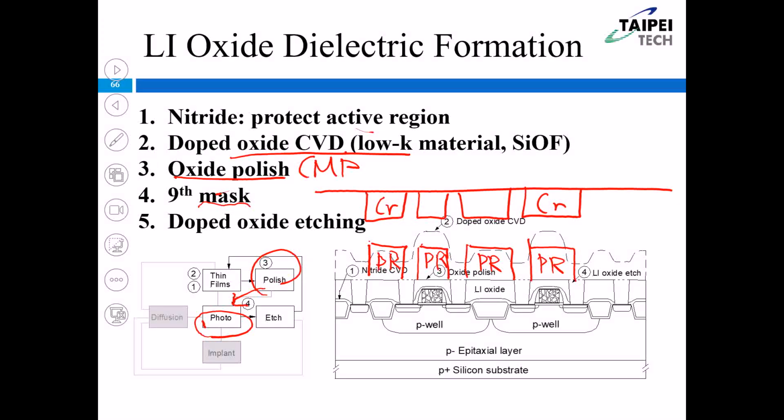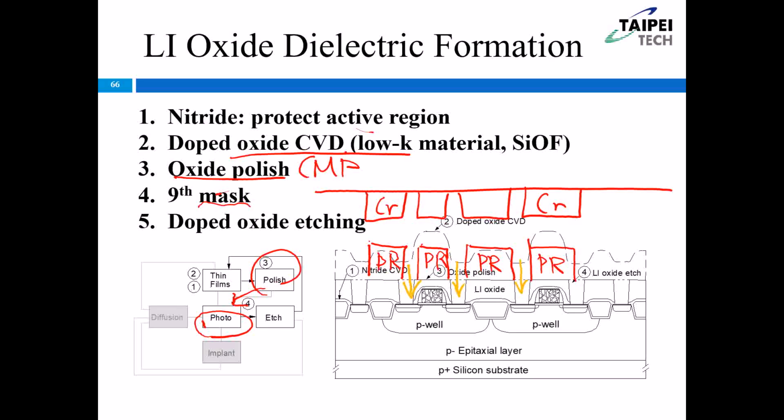We remove the outside here, here, and here, because here we don't have the PR, or the PR cannot protect the outside. That's the reason the central outside here and here is removed.